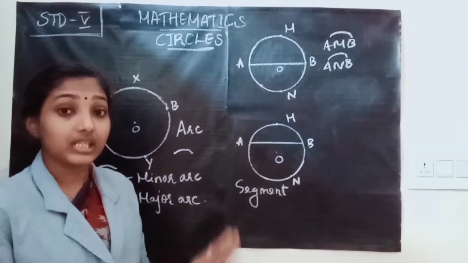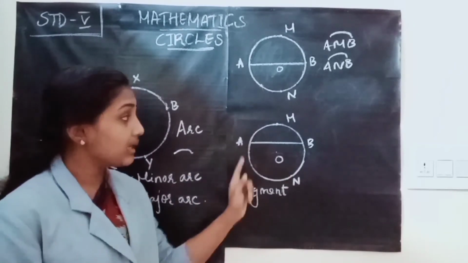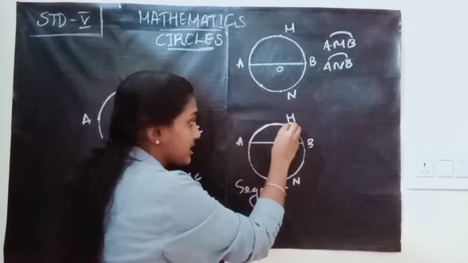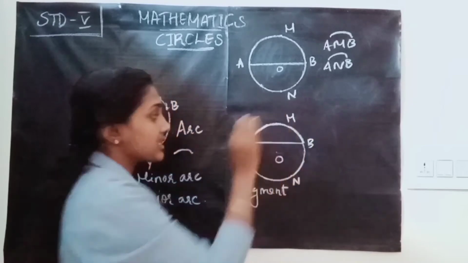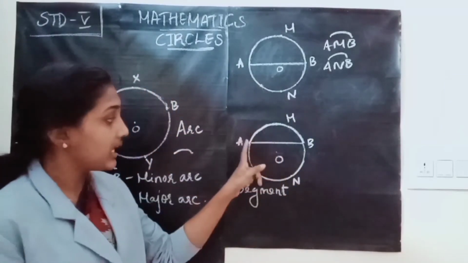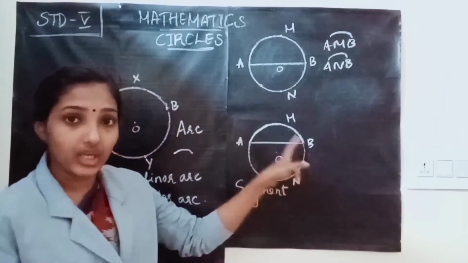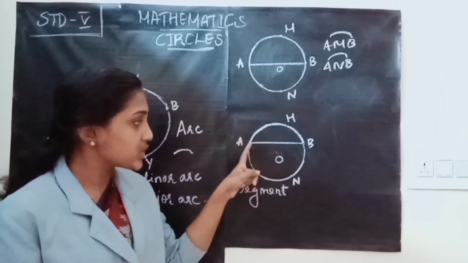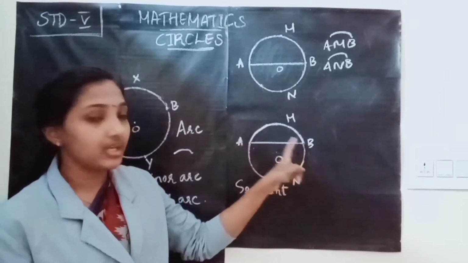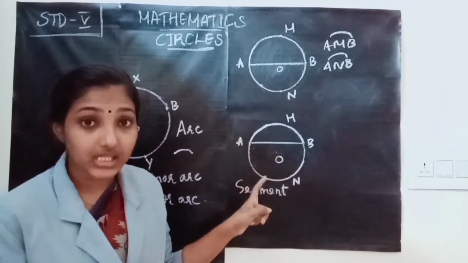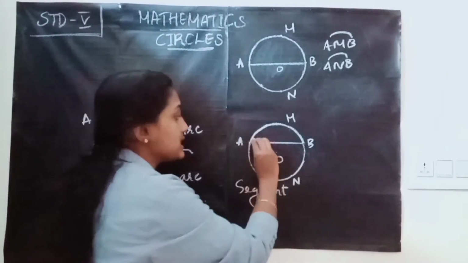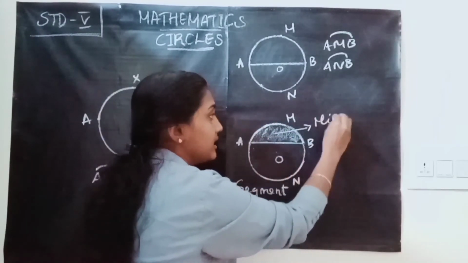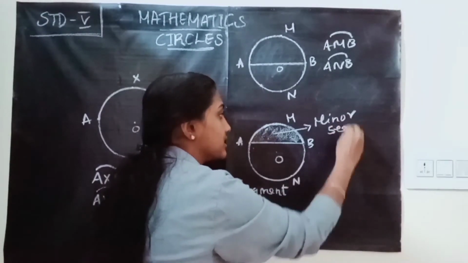The segment which contains the minor arc, the part of the circle between the 2 points, here our minor arc is AMB. The segment which contains the arc AMB is called the minor segment. So this portion of the circle is called the minor segment of the circle.